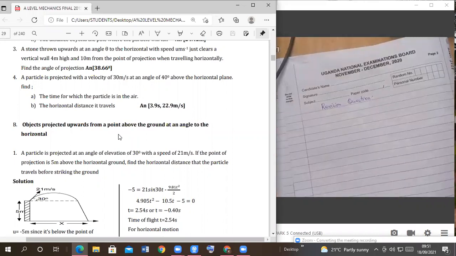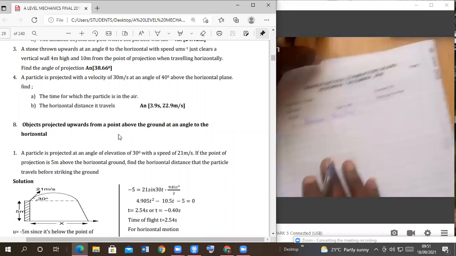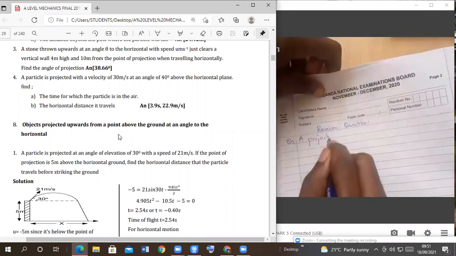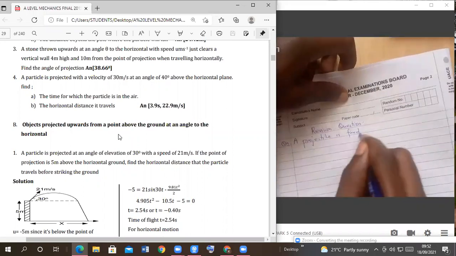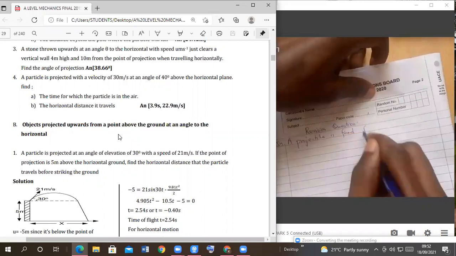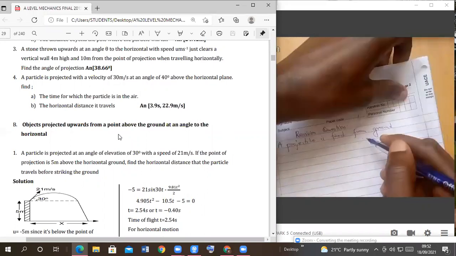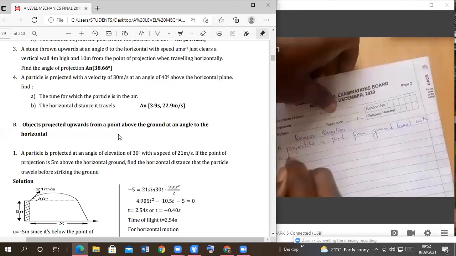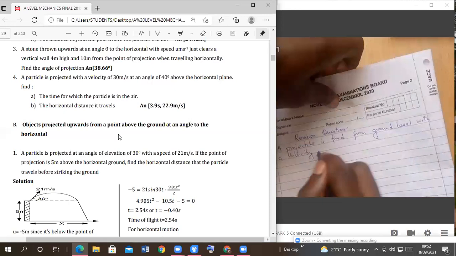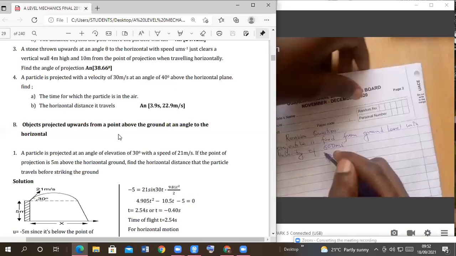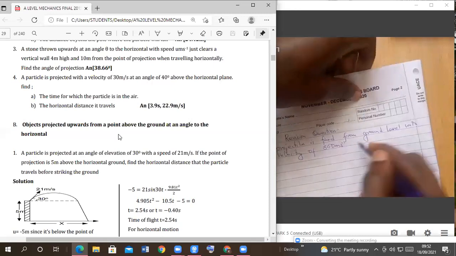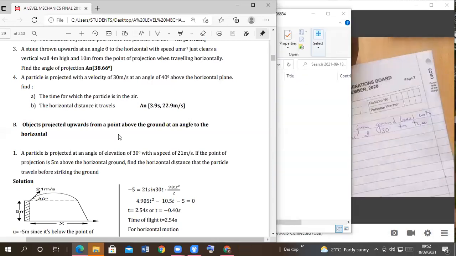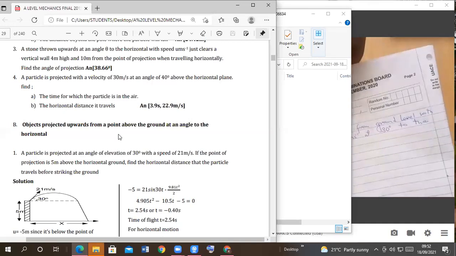This one I've just got randomly. The question is: a projectile is fired from ground level with a velocity of 500 meters per second at 30 degrees to the horizontal.